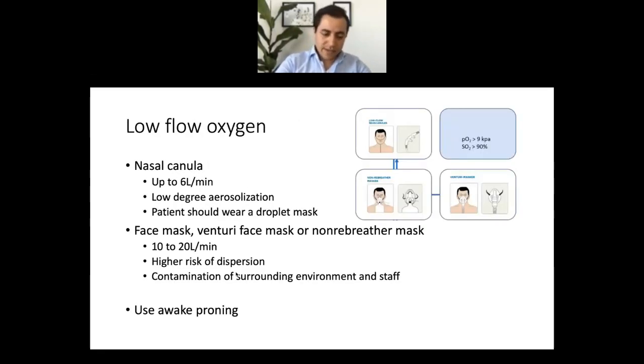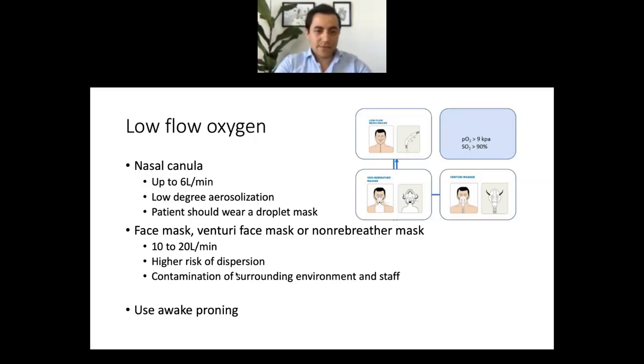If the patient does need oxygen therapy, you should start with a nasal cannula, which can provide up to 6 liters of oxygen and has a low degree of aerosolization. It is important that the patient wears a droplet mask to reduce the risk of contamination of the surrounding environment. This is also the preferred way of administering oxygen to the patient.